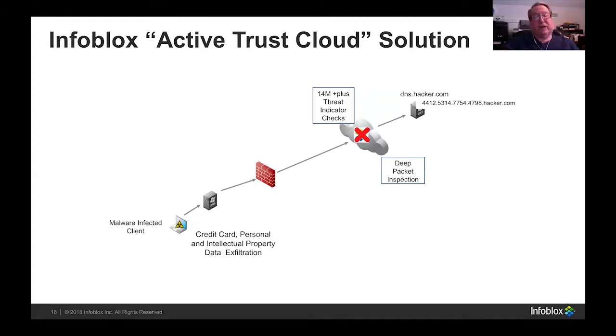Now, the other thing that you can ask the question to even strengthen the opportunity for ActiveTrust Cloud is: do you have a lot of mobile users? Do people take these PCs offsite and go home or work remotely?